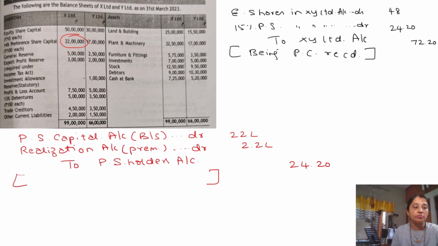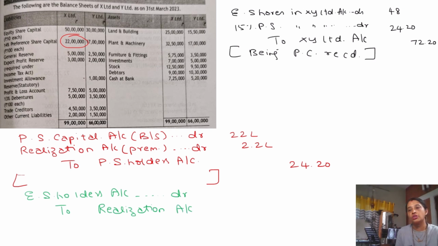So in this problem, there is a loss on realization account. Since there is a loss on realization, the entry will be as follows. Equity shareholders account debit to realization account.